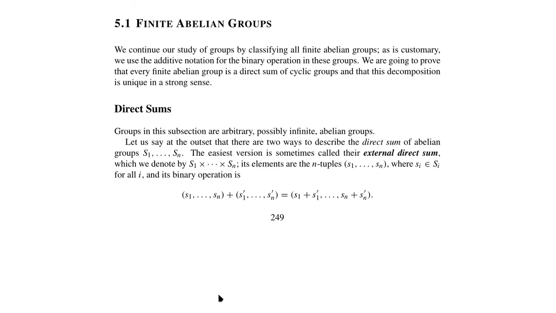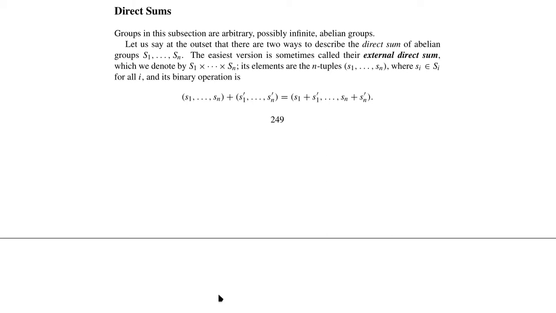Rotman defines two kinds of direct sums, the external and the internal. The external direct sum is essentially the Cartesian product with addition on it. Its elements are the n-tuples of S1 till Sn, all of them elements of the abelian groups that you're taking the direct sum of.